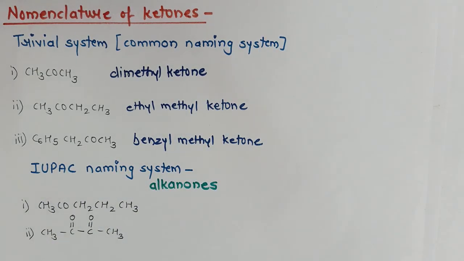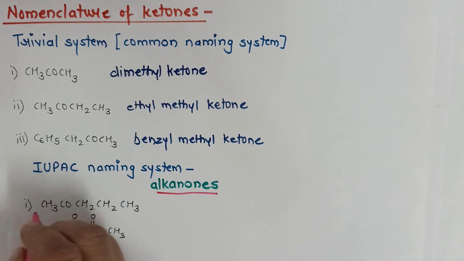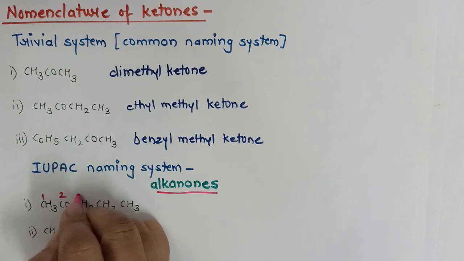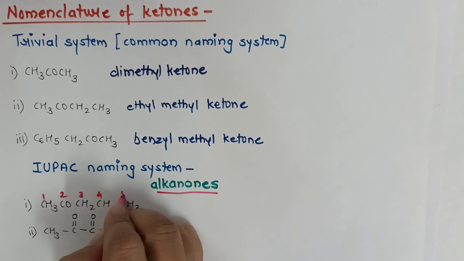But in the IUPAC naming system, the ketones are called alkanones, and ketone is not a terminal functional group. So all the rules of numbering, that is the lowest locant rule, lowest locant sum rule, will be applicable over here. The first example, numbering will be 1, 2, 3, 4 and 5.